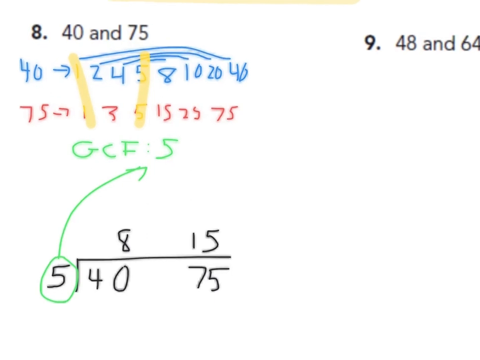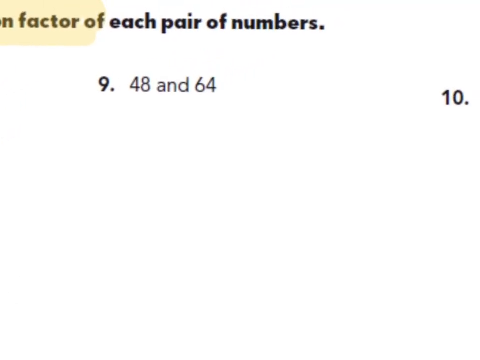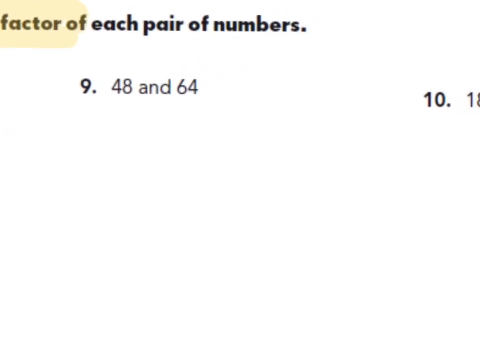If I look at the next one, 48 and 64, I'm going to jump right into the cake method because I would rather focus directly on the factor, what goes in. As I think about these, I'll think, what is the smallest prime number that they can both be divided by? What factors out of both of them?